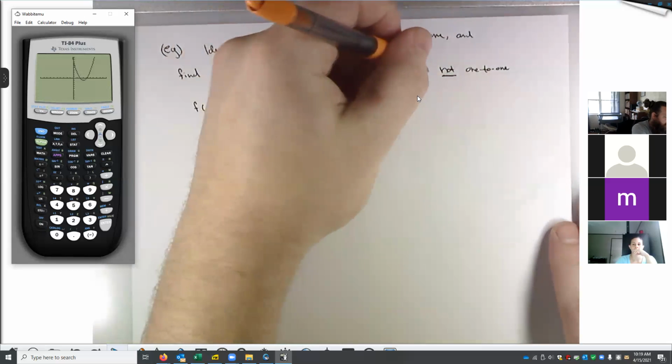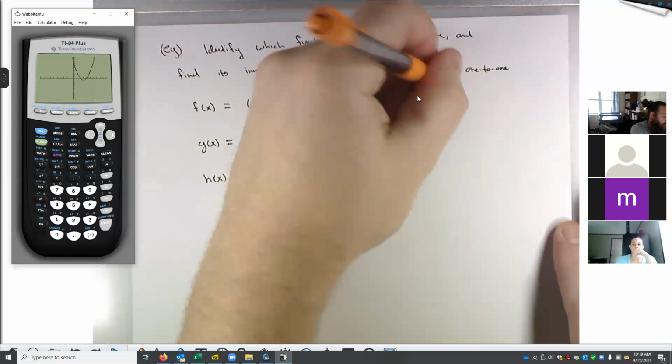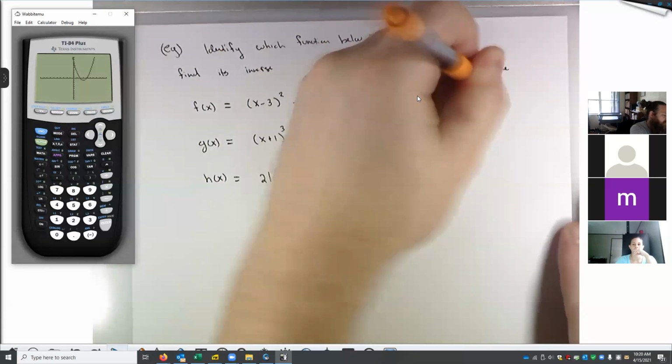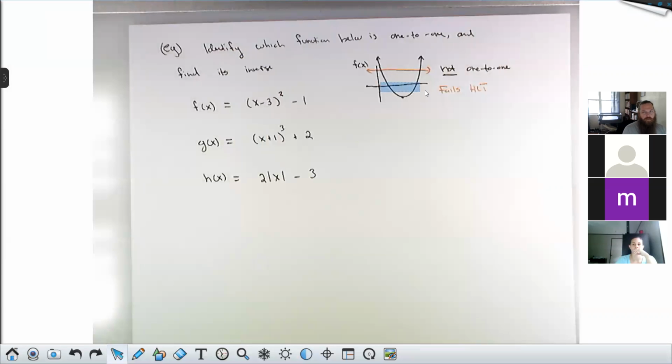It fails the horizontal line test, right? Fails HLT, the horizontal line test. Remember, if there's any horizontal line that hits your graph more than once, then your function is not 1-to-1. So you could say because it has 2 x-intercepts, because that is a horizontal line that it hits more than once, but any horizontal line would do the job here.